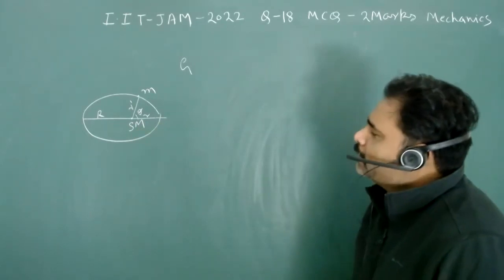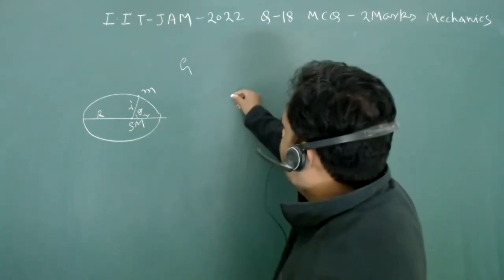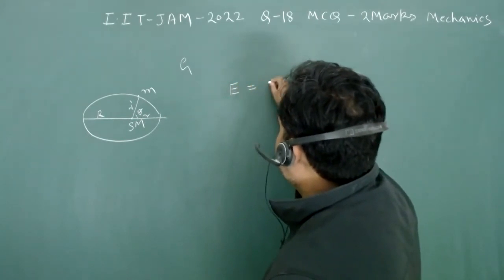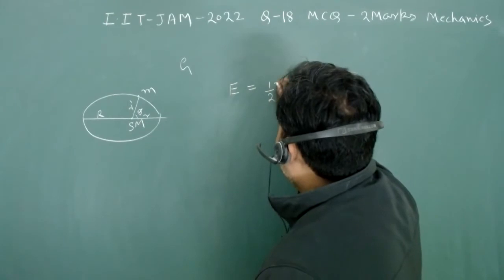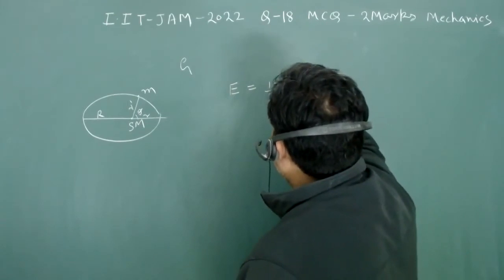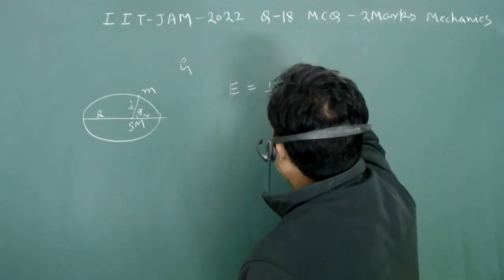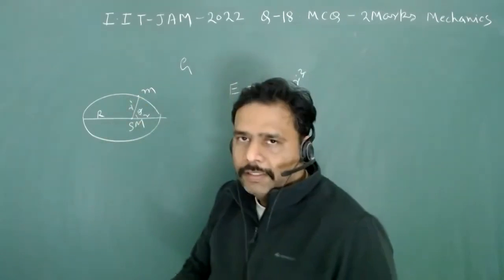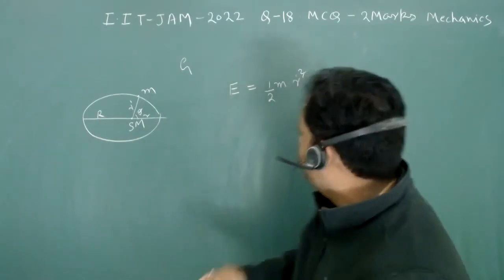So this problem is quite a simple one. What you have to do is write the total energy, and the total energy is given by half m r dash dot square, because I have taken r dash as my variable, since r is given as a parameter only.